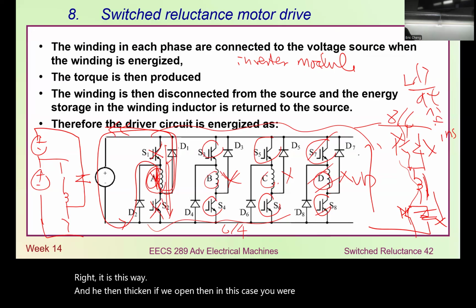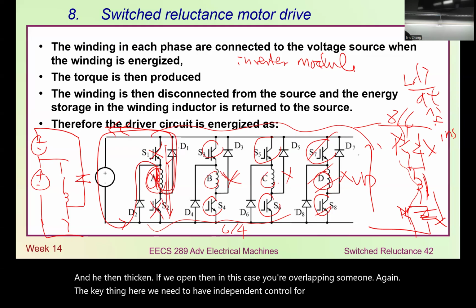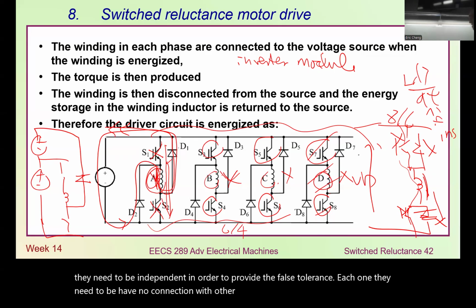The key thing here is that we need to have independent control for each winding because they need to be independent in order to provide fault tolerance. Each winding needs to have no connection with other windings. So this has interaction.